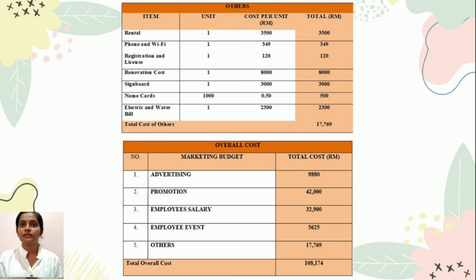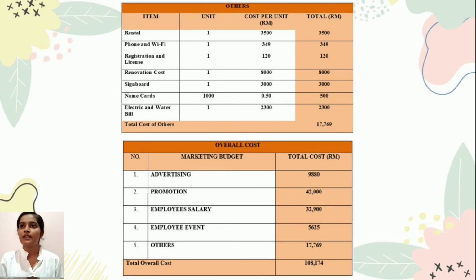For signboard, cost per unit 3,000 times 1 unit, total 3,000. For name cards, cost per unit is 50 cent times 1,000 units, total we get 500 ringgit. And for electric and water bill, cost per unit is 2,300 ringgit times 1 unit, total we get 2,300 ringgit. And total cost of others is 17,769 ringgit.